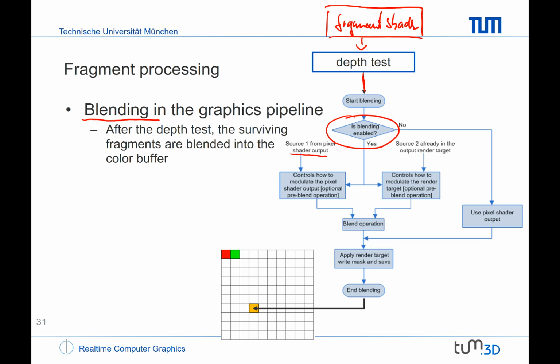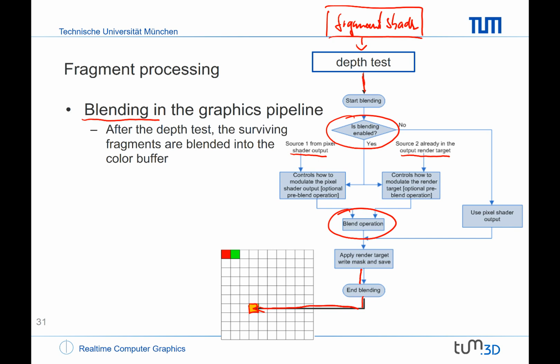Here we have the values which are already in the color buffer. We call that a render target here. These two values are then compared to each other via the blend operation. Depending on what the operation does with these two color contributions, a final color is computed, and this is the color which is actually set into the corresponding pixel.